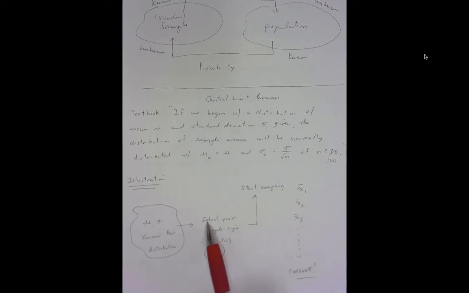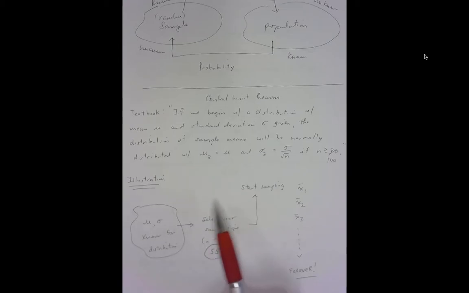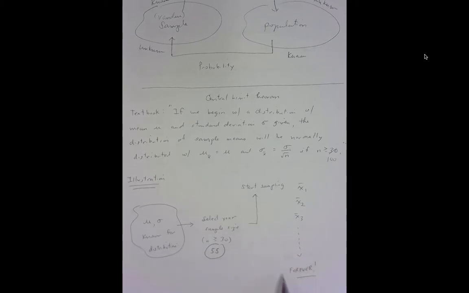Again, select the sample size and keep it consistent through all the samples. Throw those 55 back in the mix, close your eyes, randomly select another 55 measurements, add them up, divide by 55, you get your second sample mean for 55 measurements from this population, randomly drawn. Imagine doing that again and again and again. Imagine doing that forever.